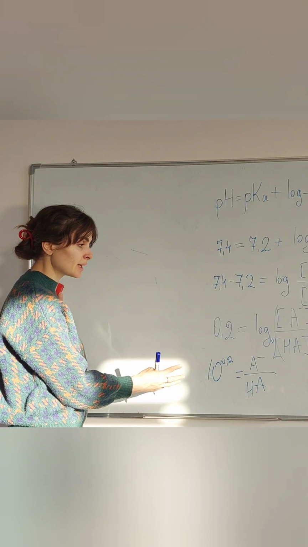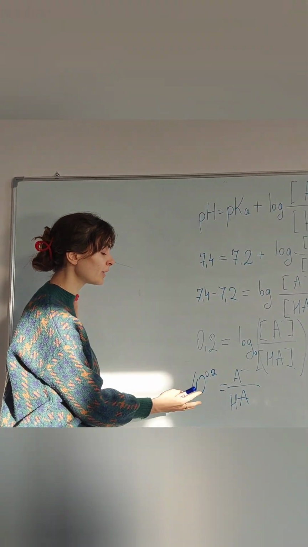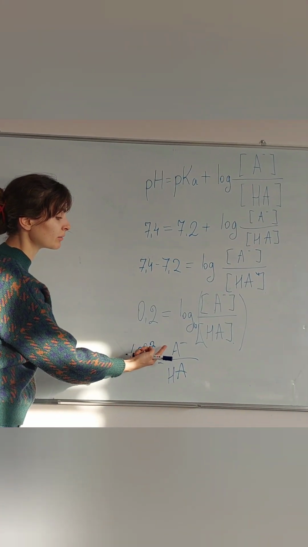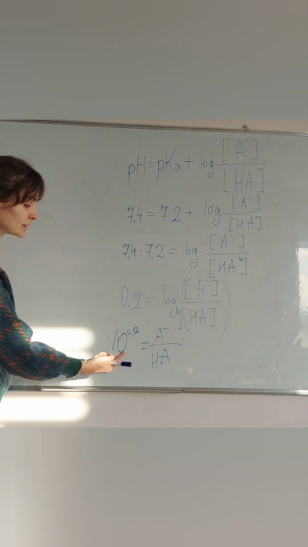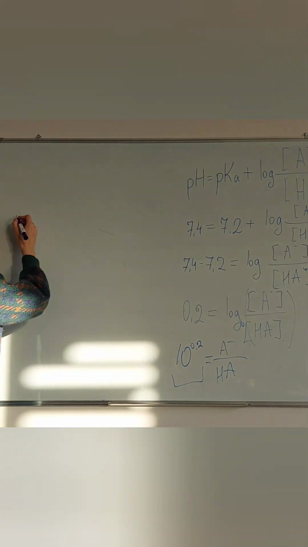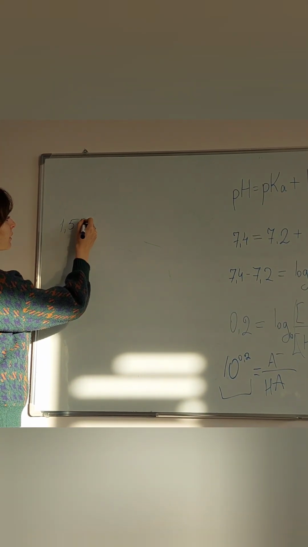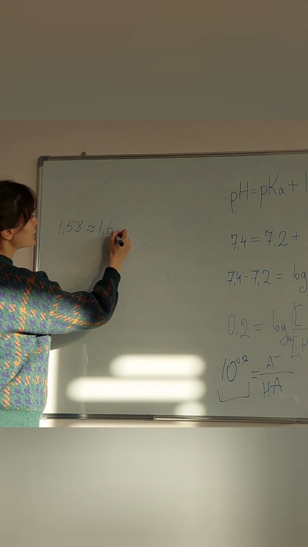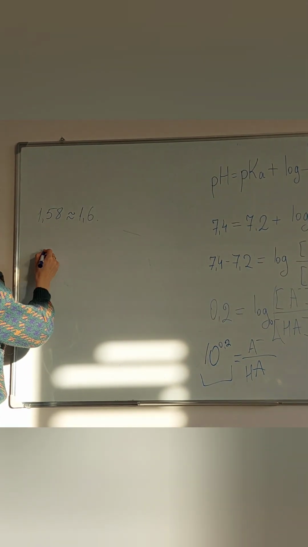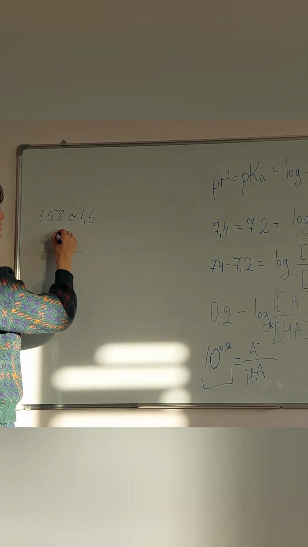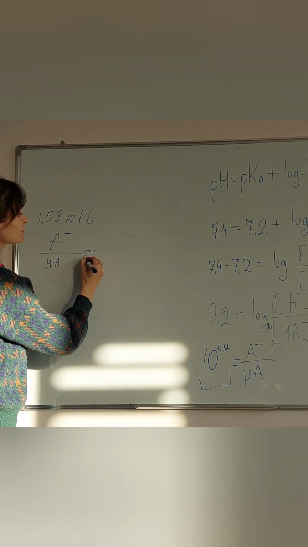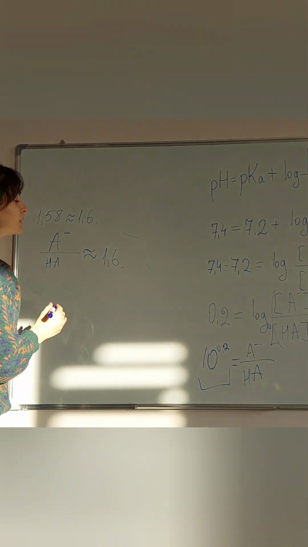So the ratio in the solution of conjugate base over the acid equals 10 to the power of 0.2. Now this number is about 1.58 or 1.6. So our final result here is that the ratio of conjugate base over the acid in the solution approximately equals 1.6.